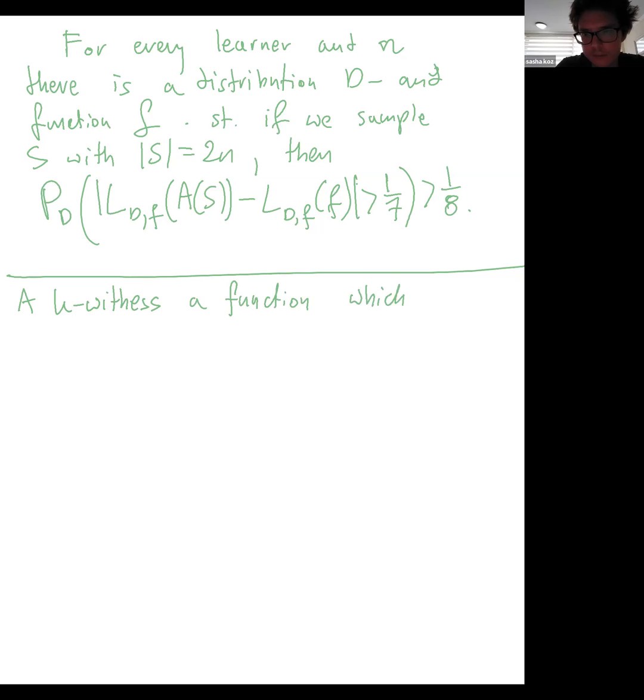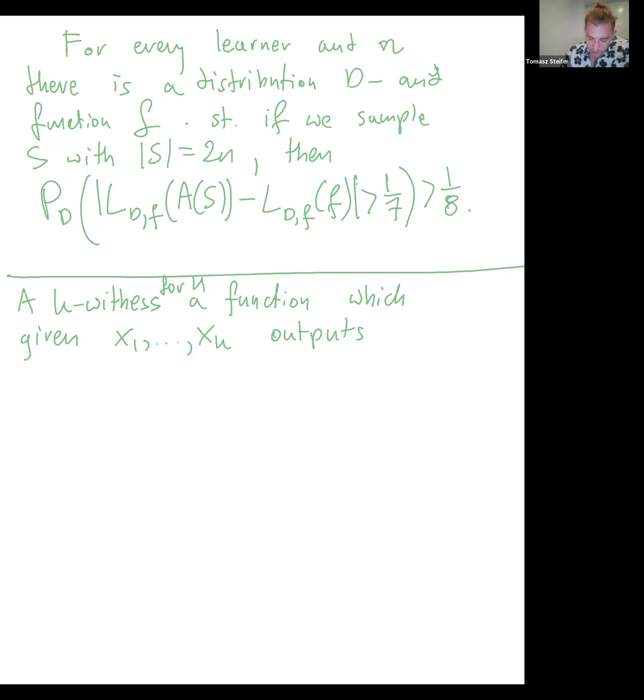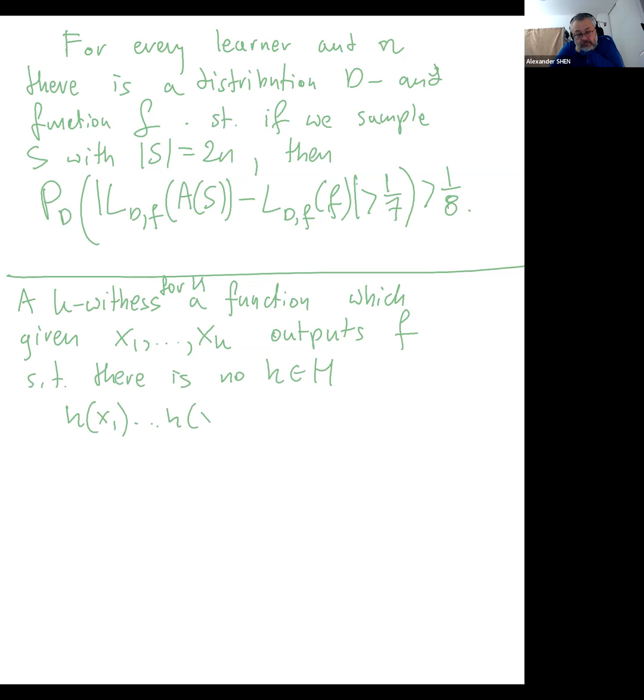For some class H, this is a function which, given x1 through xk, outputs f such that there is no hypothesis in H which would say exactly the same when we apply it to these points.